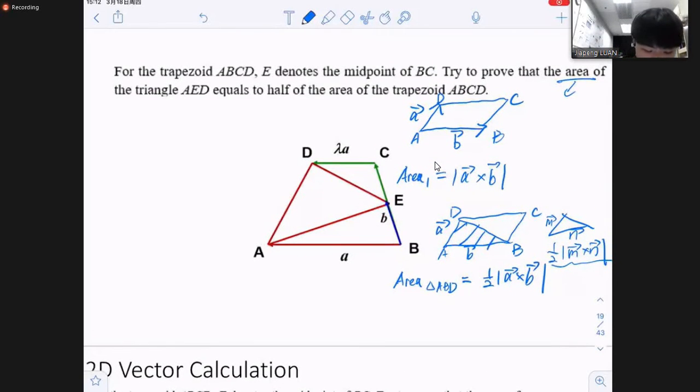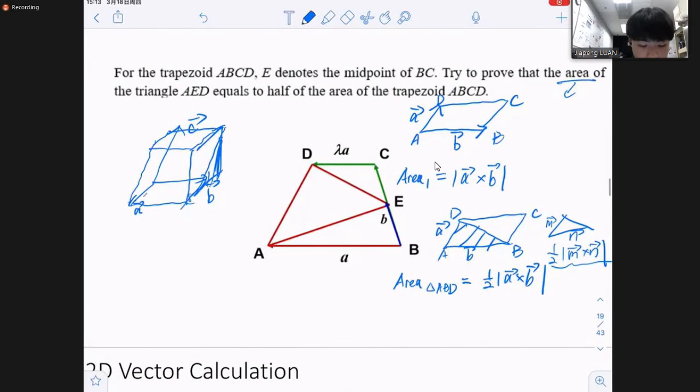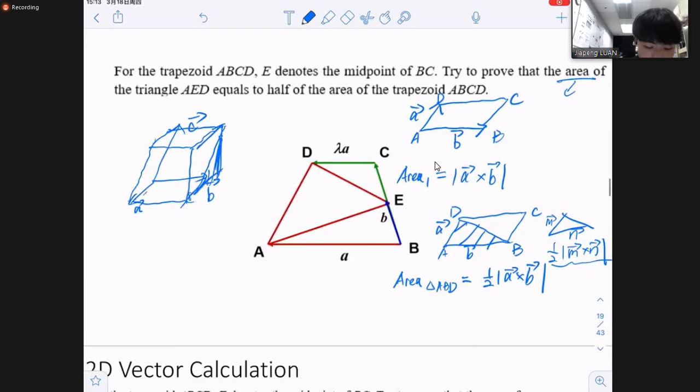And then if you have vector A, B, and C, and you want to calculate the volume of this thing, which is composed by vector A, B, and C, I think you know that this is the triple product.